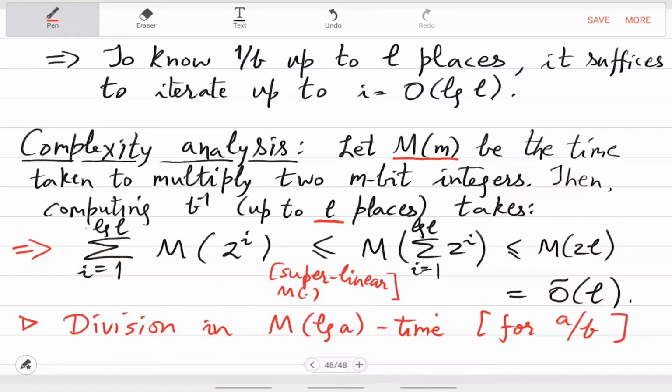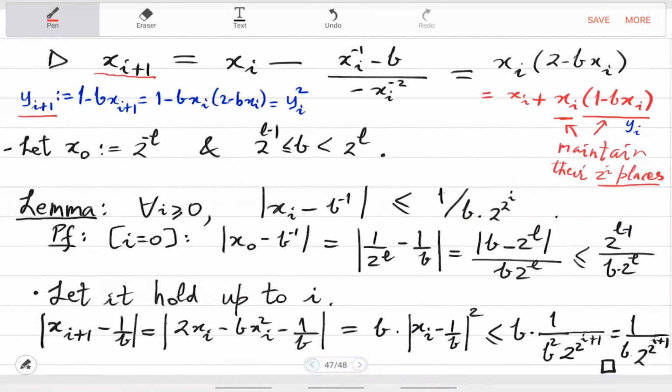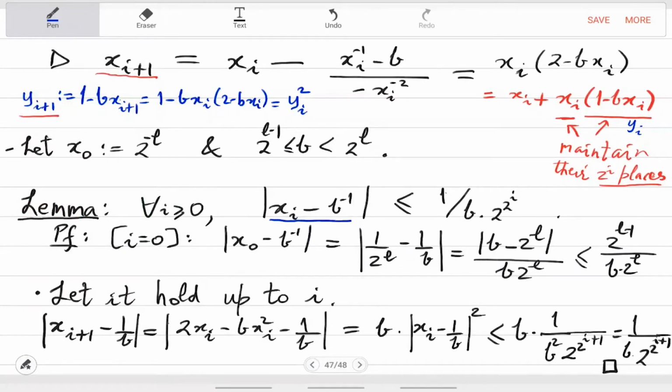Why are we doing it only up to order of log L? Up to order of log L is the number of iterations. That was the previous calculation. You have shown that as you go to the ith iteration, the difference between xi and 1 over b is smaller than 2 raised to minus 2 raised to i.